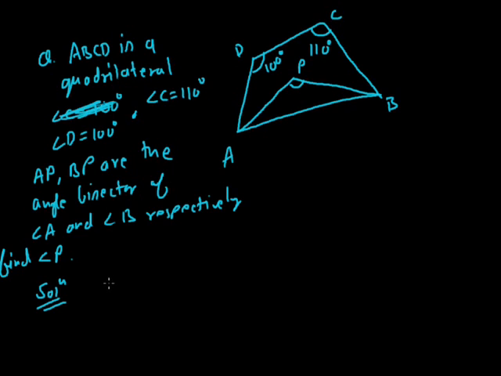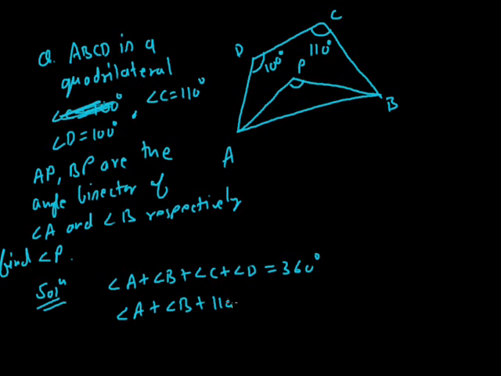Now, in order to solve this question, we know the angle sum property of a quadrilateral, that is angle A plus angle B plus angle C plus angle D should be equal to 360 degrees. So angle A plus angle B, in place of angle C I write 110 degrees, in place of angle D I write simply 100 degrees, equal to 360 degrees. So 100 plus 110, that is 210 degrees.